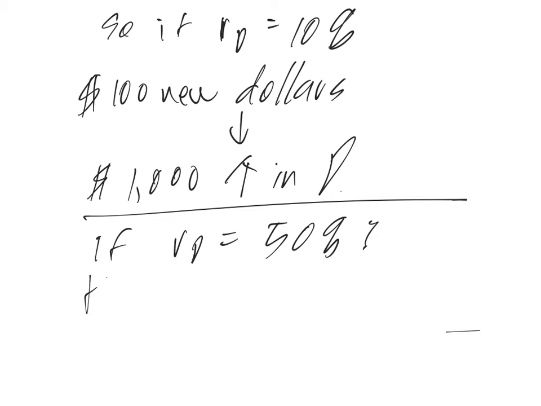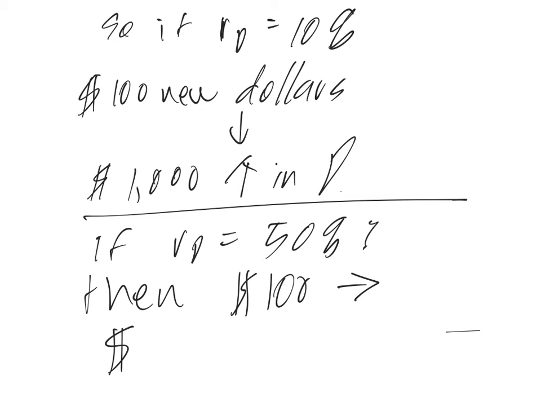Then that means every time people deposit this extra money in the bank, only half of it can be used in the multiplication, then a $100 increase in the money base will be able to cause an increase of only $200. Okay? The reciprocal of 1 over 2 is only 2. You multiply $100 by 2. 200 total new dollars net increase in D.